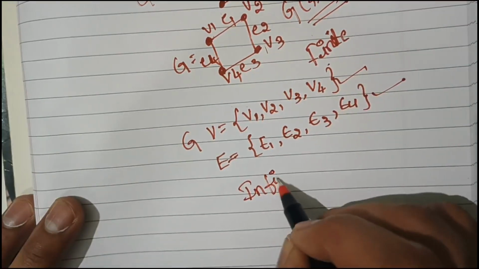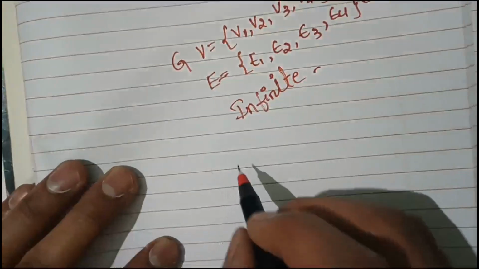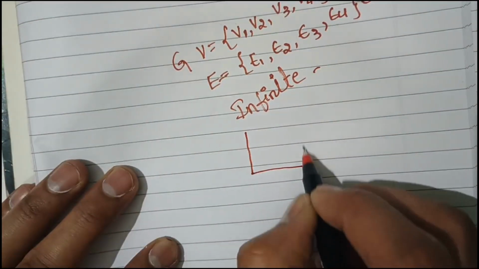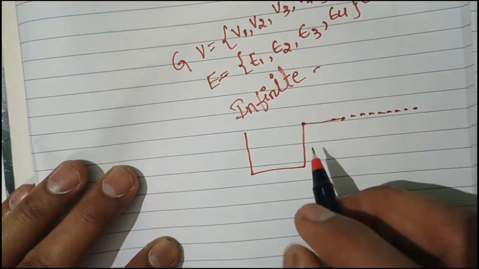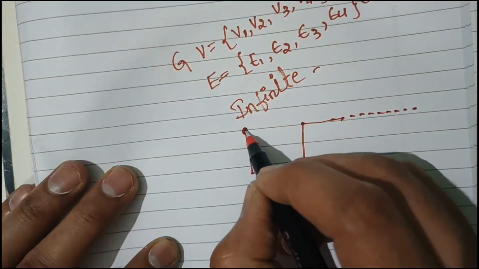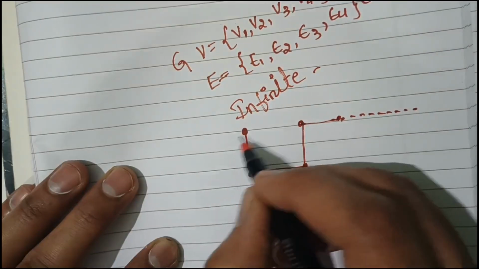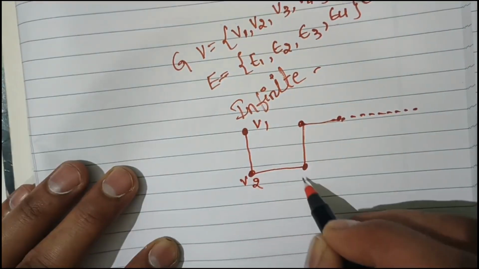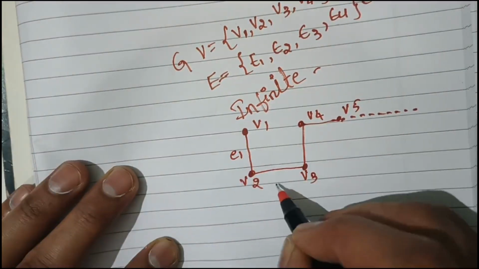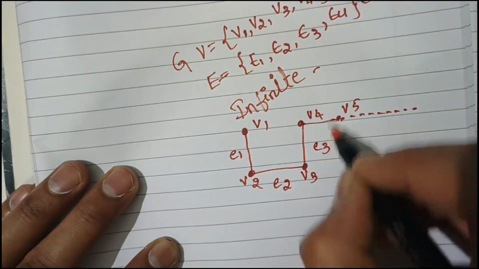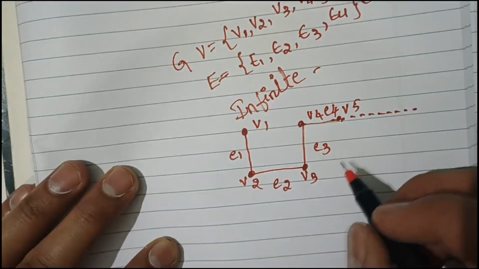Infinite graph. An infinite graph is uncountable. How is it uncountable? For example, this is one graph with a dotted line, and so on. This contains V1, V2, V3, V4, this is V5. This is E1, E2, E3, this is E4, and so on. How can we write this one?